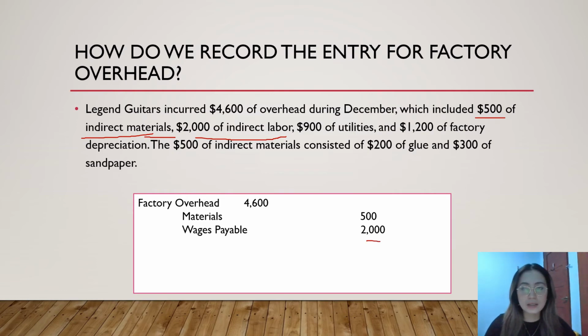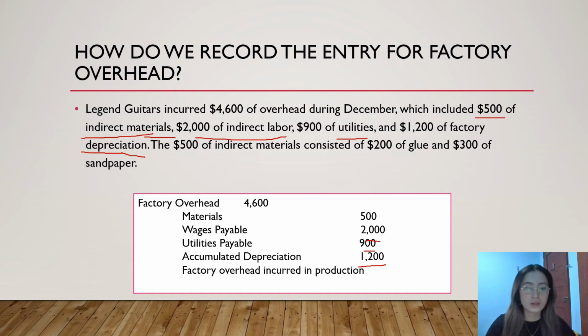For utilities, we will record that as utilities payable amounting to 900. And for factory depreciation, we will record that as accumulated depreciation amounting to 1,200. So the note would be factory overhead incurred in production.